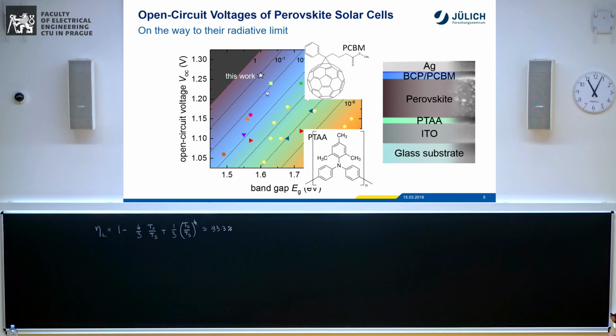And the stack that we used was this one. That's not actually a very uncommon stack. It uses PTAA, that's this polytriarylamine molecule, as a hole extracting layer, and then PCBM and BCP as the electron extracting layers.